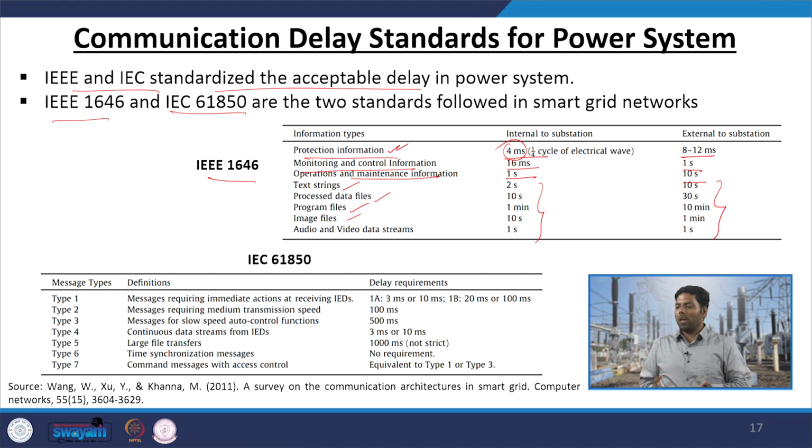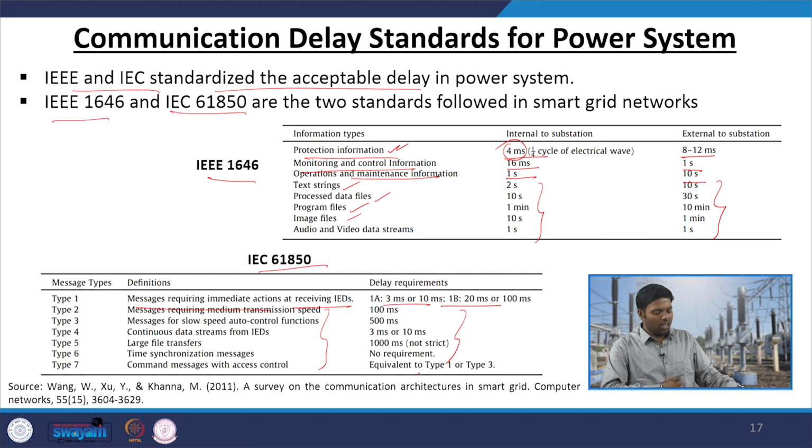Your system will collapse, your fault current will persist and after that you will see cascading failure and your system will collapse. Similarly, for IEC 61850, messages requiring immediate action at receiving IEDs, that means the protection ones, will be within 3 millisecond to 10 millisecond and 20 millisecond to 100 millisecond. Similarly, other values are also there which have been standardized by the IEC 61850.